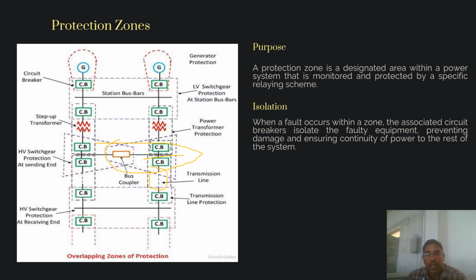Apart from this primary protection, we can go with backup protection. If the primary protection is not working, maybe it is not getting the supply, or maybe the relay is not working properly, due to some short circuit or whatever problem happening, at that particular time this overlapping also is not supposed to work. So when primary protection cannot work in that situation, then we go with the backup protection. This is what is concerned with zones of protection.